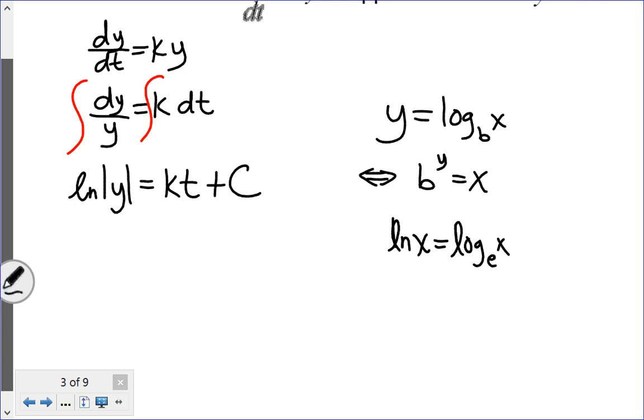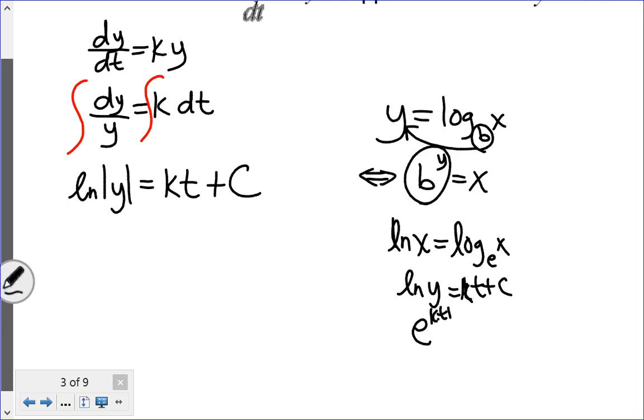So in order to translate ln of y equals kt plus c, we get the base, which is e, raised to the answer, so e to the kt plus c is going to equal the inside, which is y.